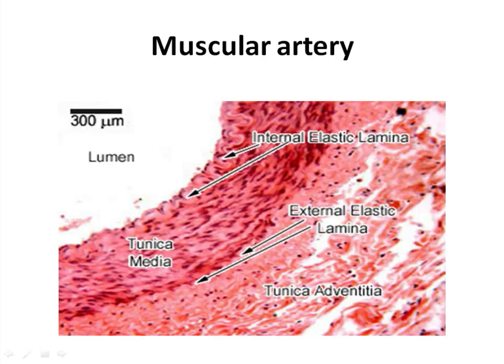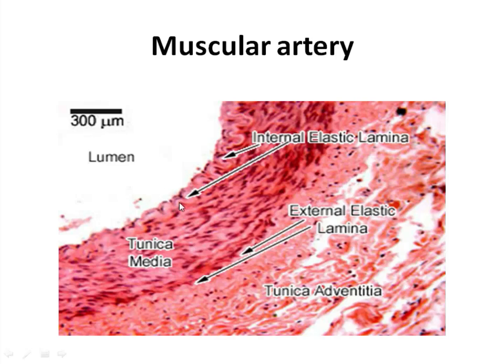Here in this color photograph of a muscular artery, you can clearly understand now which layer is the tunica media, adventitia and tunica intima. This portion is the lumen, that is the internal portion. Then you can see these wavy zigzag lines, that is the tunica interna.